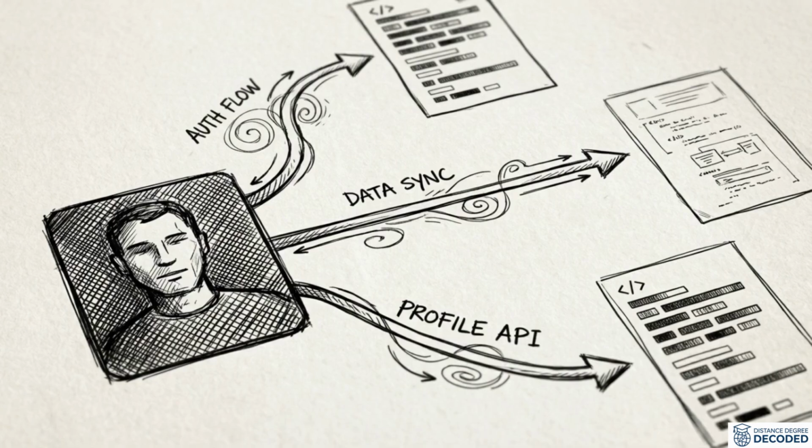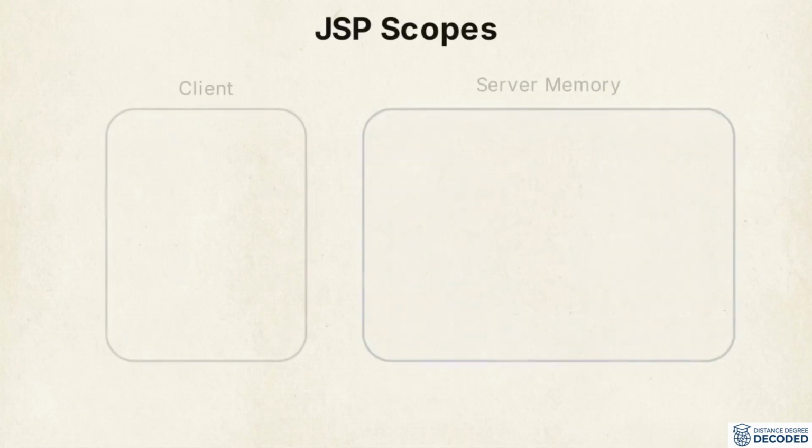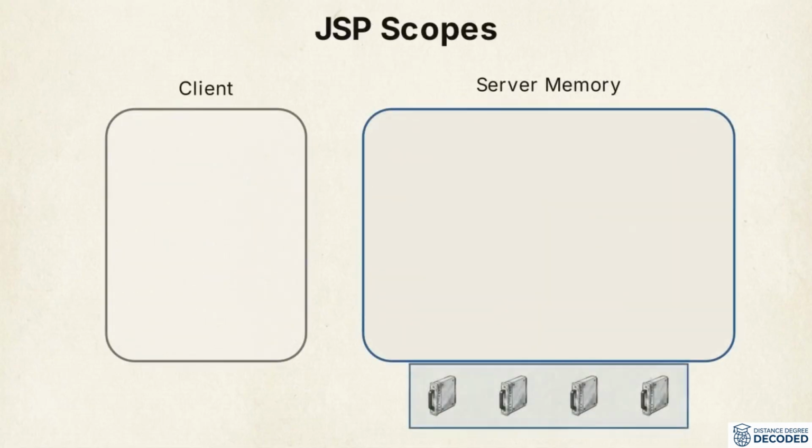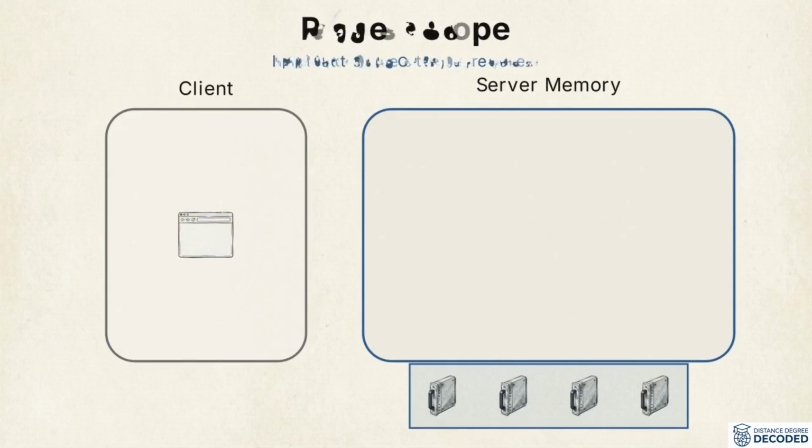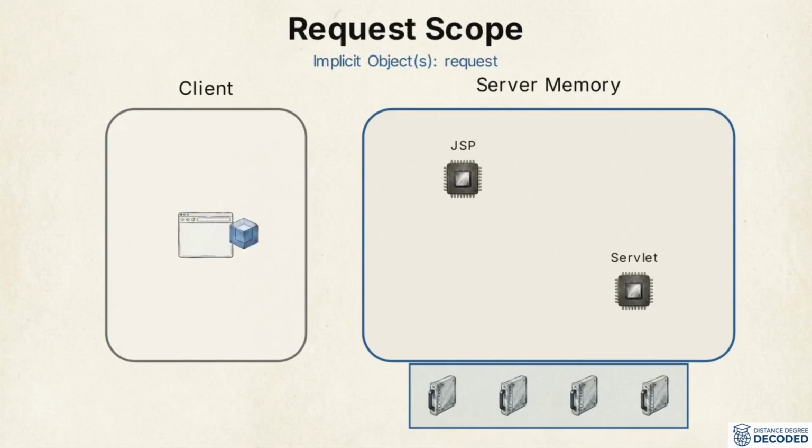To manage memory effectively, these objects are bound by the concept of scope. Scope dictates strict lifecycle boundaries for exactly how long an object is allowed to exist in the server's memory. Variables assigned to page scope exist only for the brief duration it takes to render the current page. Once the rendering is complete, the object is immediately destroyed. Request scope extends this slightly.